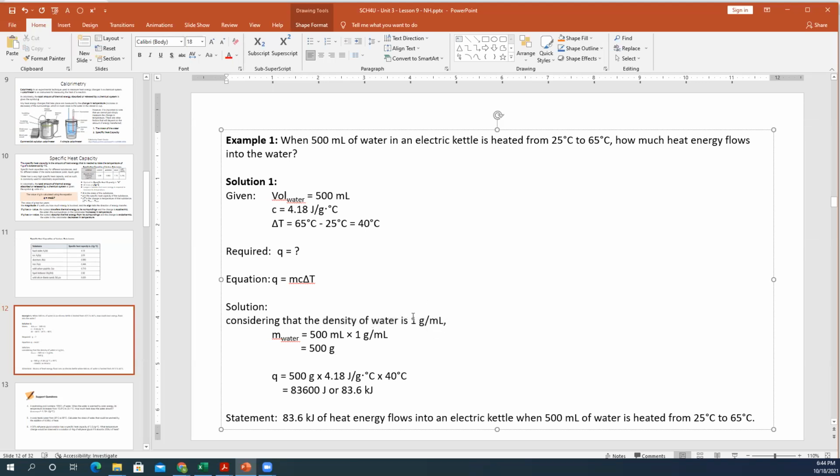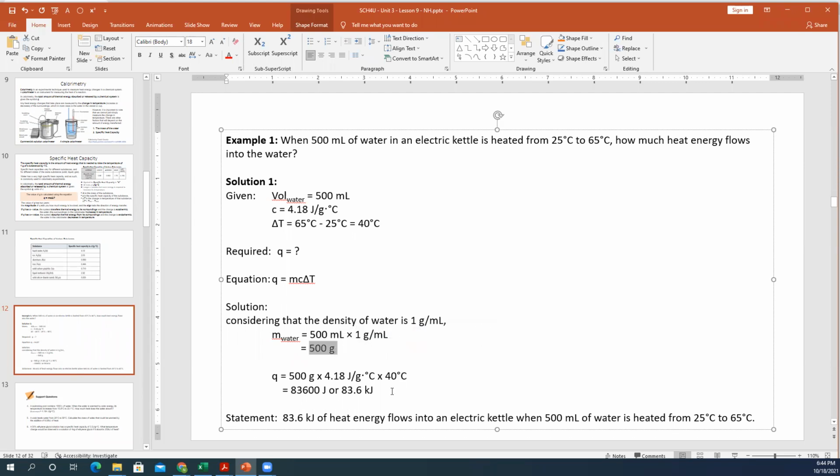So 1 gram per mL. So then we can use this relationship to understand that our 500 milliliters of water has a density of 1 gram per mL. That means that it weighs 500 grams. So we have 500 grams of water.